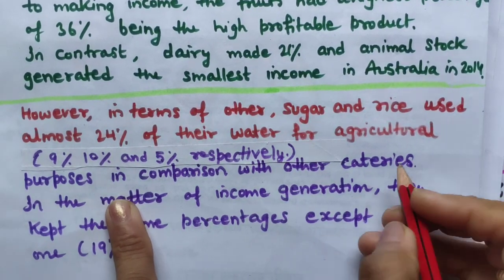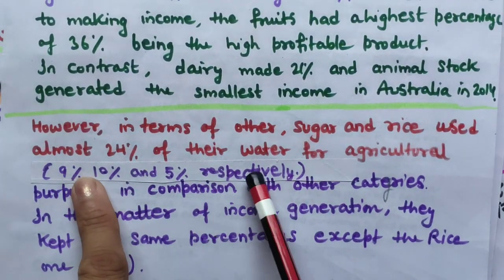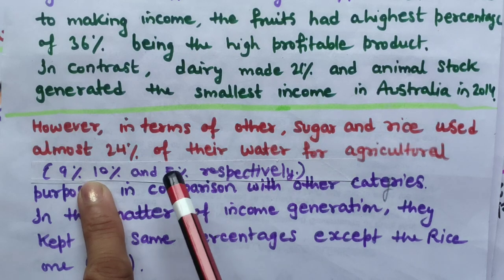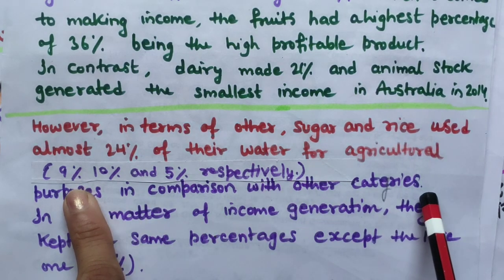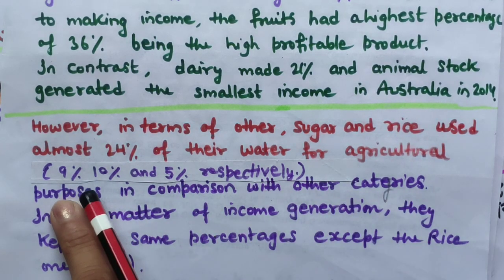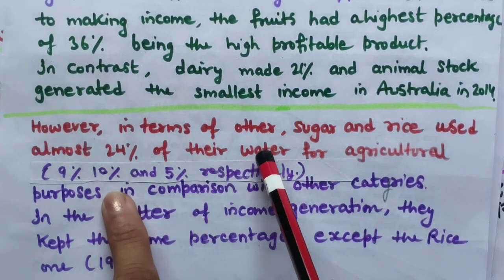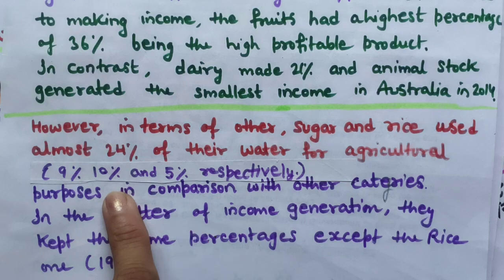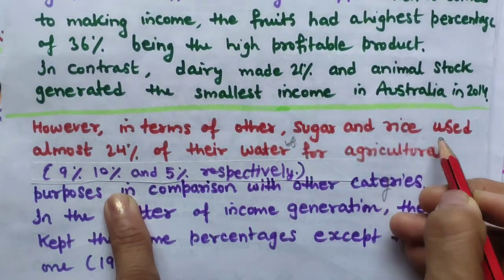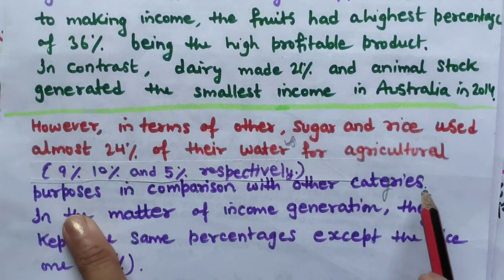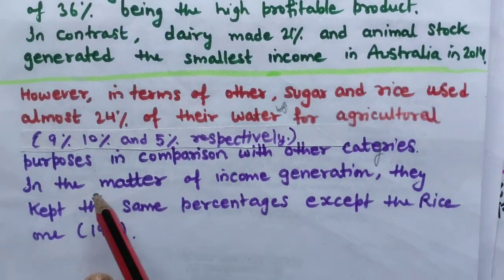Okay, categories, spelling. Here I had forgotten this line, that's why I have added this. So in brackets, after this you can write 9%, 10% and 5% respectively. 24% of their water usage, the word used is also there. In brackets after this category you can write these words, it will be more clear.